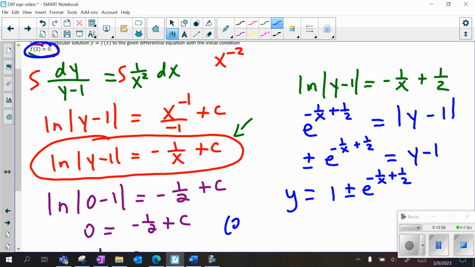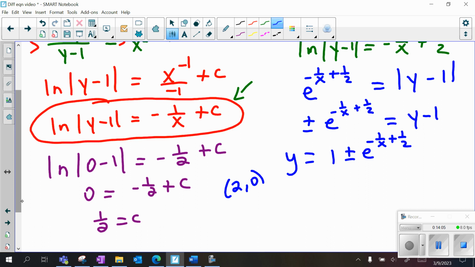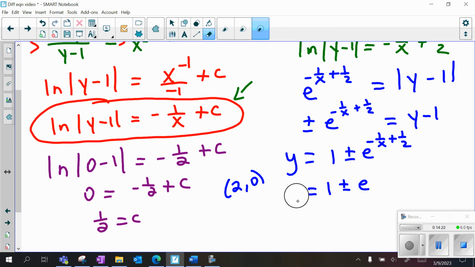And now I have this condition of 2 comma 0. So what's going to make this statement true? If I plug in, oops, made a mistake here, this is 0 for y, e to the negative 1 over 2 plus 1 over 2.